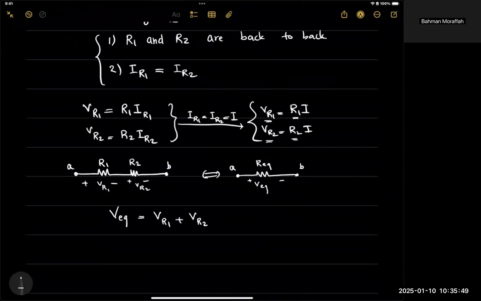Since R1 and R2 are in series, I know the current through R1 is exactly the same as the current through R2, and therefore the current through this equivalent should be the exact same.